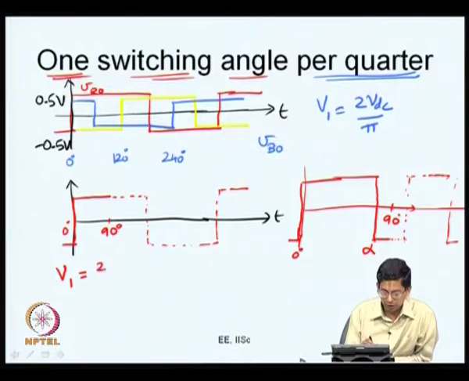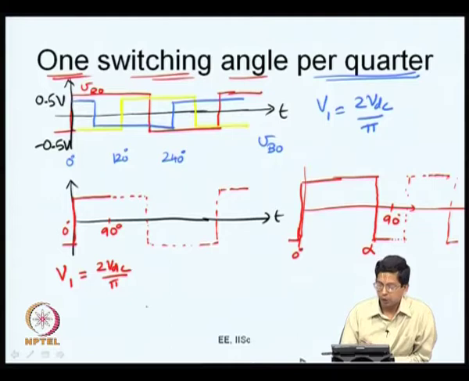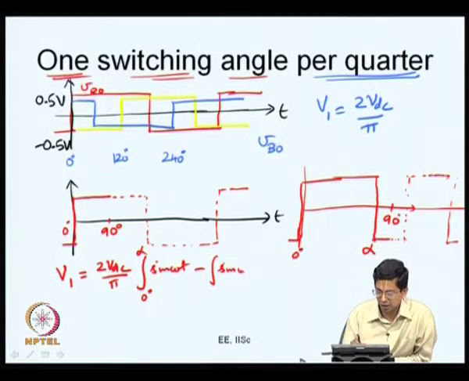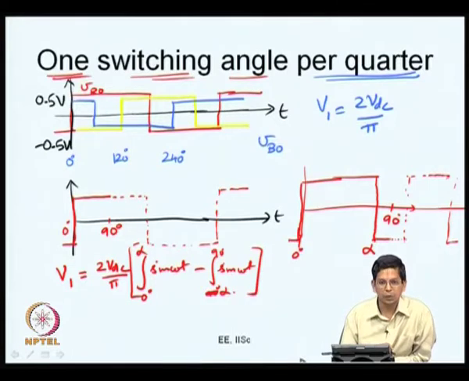So, what you have is 2 VDC by pi, and you integrate sin omega t from 0 to alpha, and again minus sin omega t from alpha to 90. This is essentially what you are going to have.